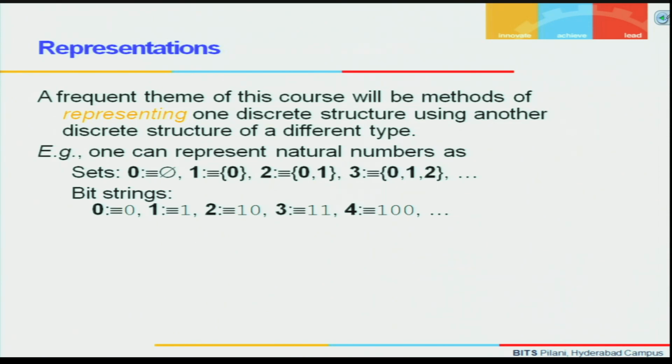You can represent the natural number 0 by the empty set. You can represent the next number by the set containing the 0th element, and you can represent the natural number 2 by the set containing 0, 1, and that is how, given any natural number, I will be able to represent that natural number in terms of a set.